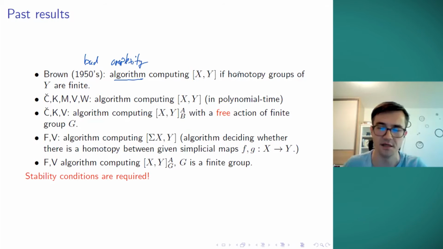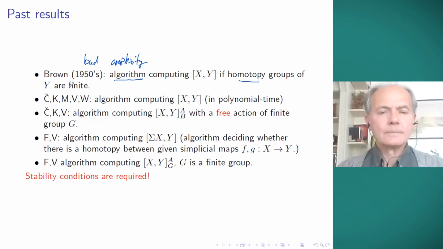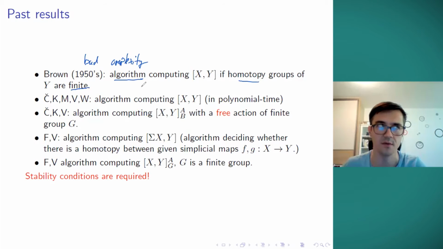And he had an additional condition that these homotopy groups of Y are finite. He had a special case where Y were spheres. Then this is already, I think, in 2012.